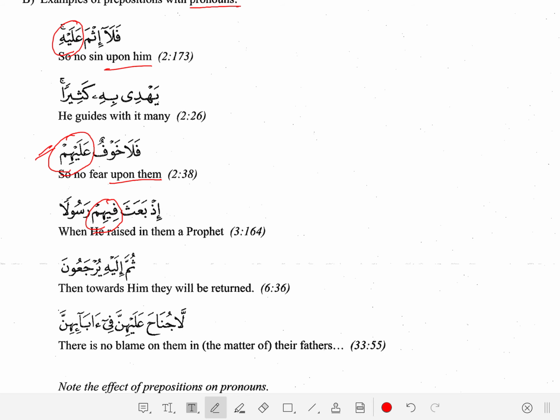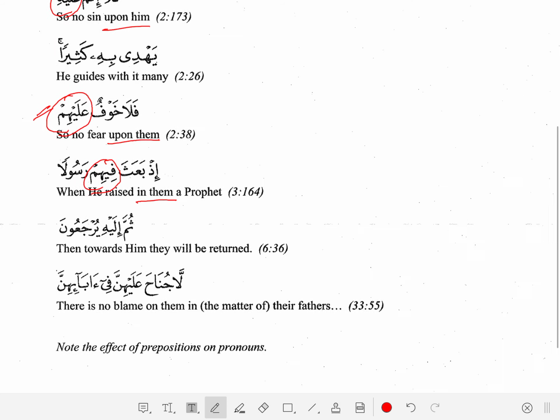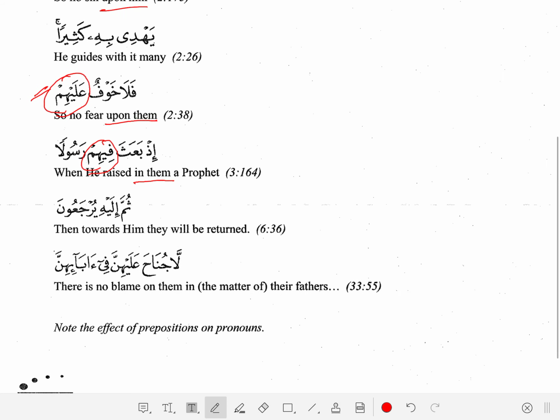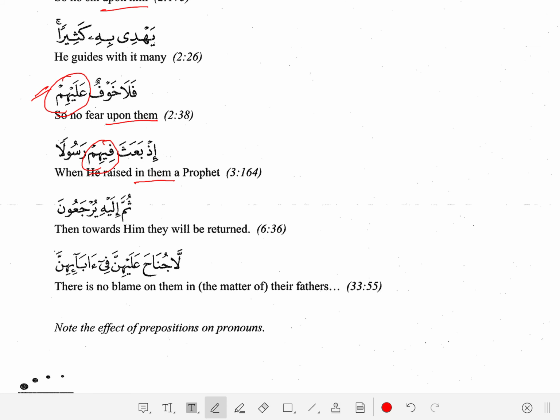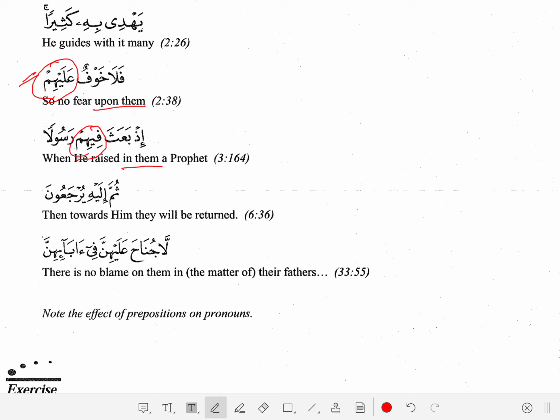So yeah, this is it. Fi plus hum, in them. Idh ba'atha fihim rasulan. Last example. La junaha alayhinna.